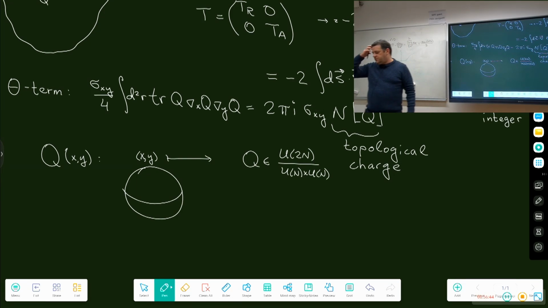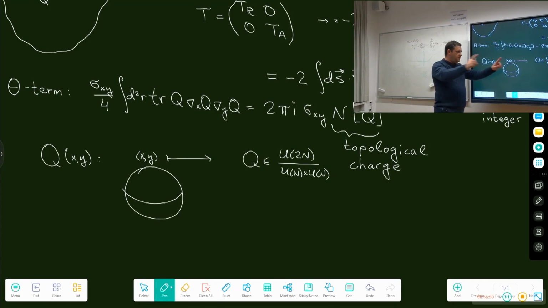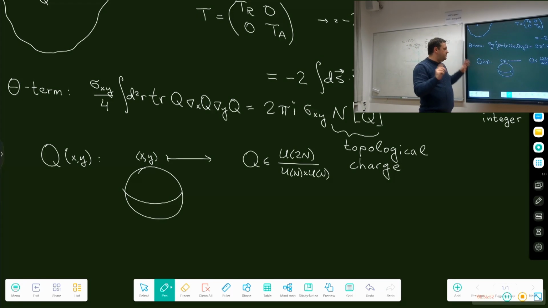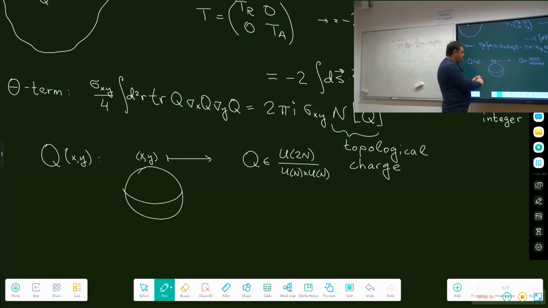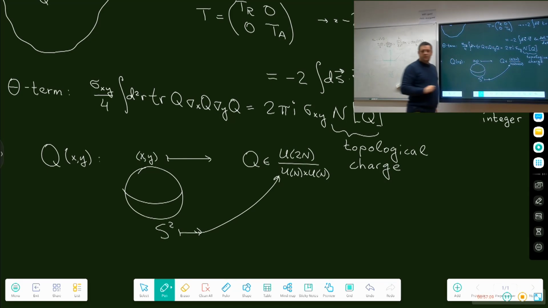It's called a stereographic projection, for example, how to map the plane onto a sphere such that the infinite boundary of this plane is mapped to a single point. So our Q matrix does exactly this. It takes real space in the form of a two-dimensional sphere S2 and maps it into this manifold.